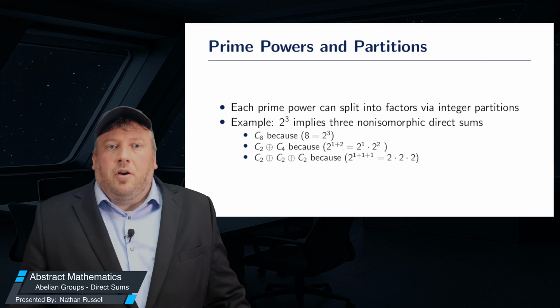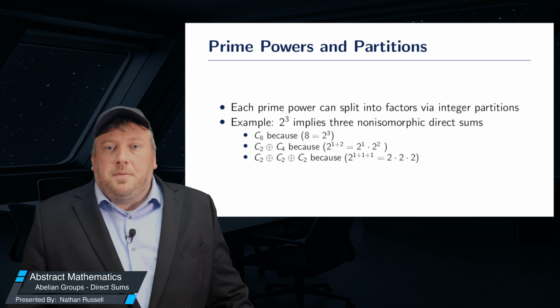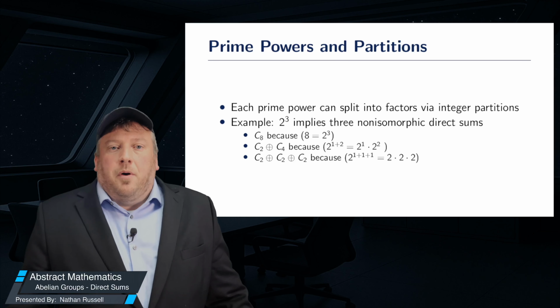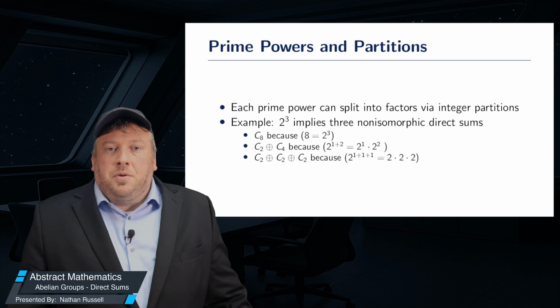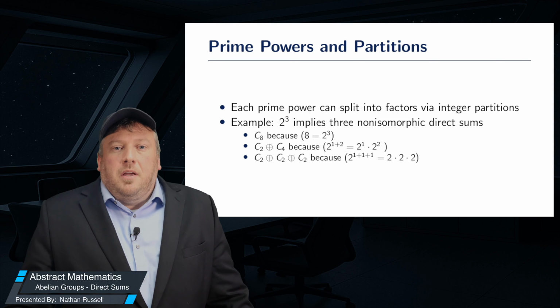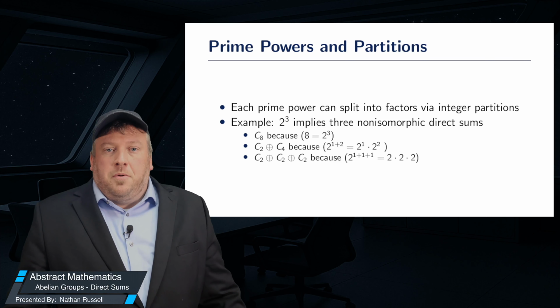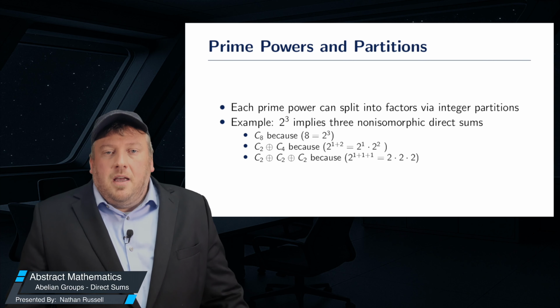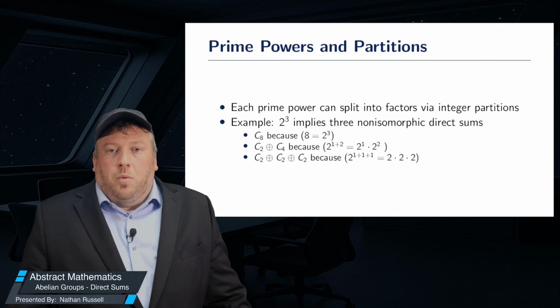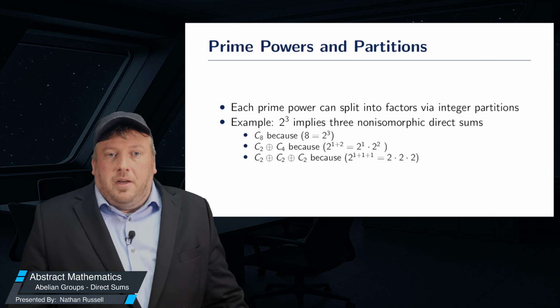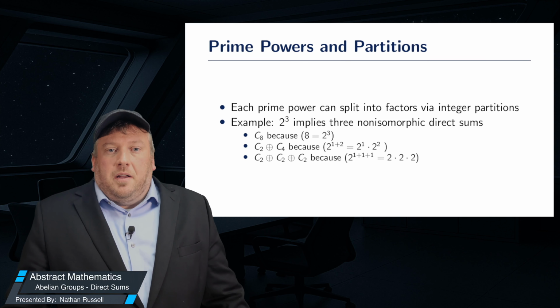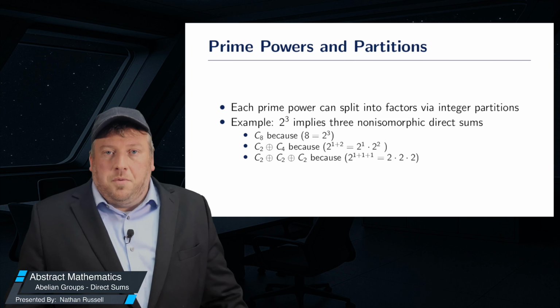To build on what I said earlier, once we have the prime powers, or a prime base raised to an exponent, we can partition that exponent to form the different potential cyclic groups associated with that prime base. So for example, if we had 2 cubed, which would represent an abelian group of order 8, that exponent could be represented as 1 plus 1 plus 1, or 1 plus 2, or just simply 3. So this would correspond to the 3 potential non-isomorphic abelian groups of order 8.